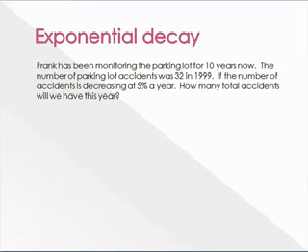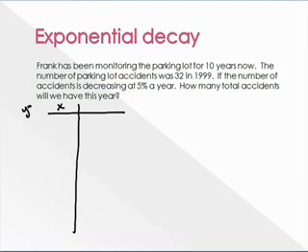So if the number of accidents is decreasing at 5% a year because of him being so good out there, how many total accidents will we have this year in the parking lot? Okay, so let's do a table again. So the X is going to be the year. The Y is going to be the number of accidents.